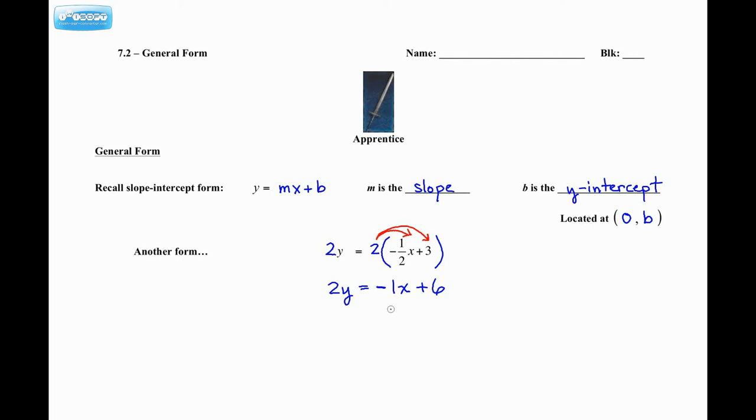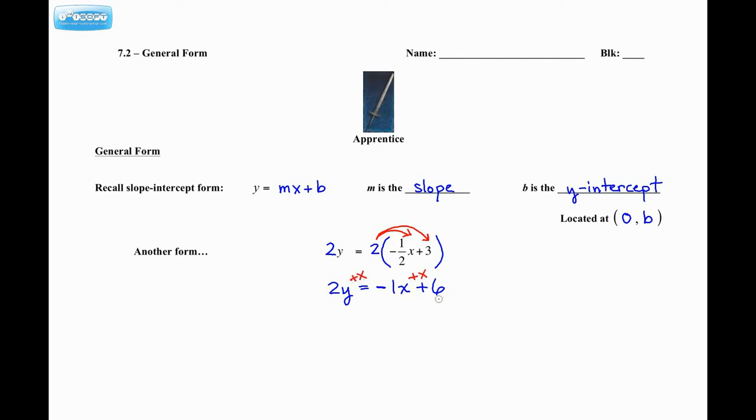To complete it, what we do is we take everything that we see and we collect all the terms on one side of the equation, typically the left, but it actually doesn't matter, so that there's actually nothing left on the remaining side. Okay, so we have 2y on the left already, so we're going to leave him there. Okay, we have negative 1x, or negative x, so I'm going to add x to both sides, like that, which means I have to add x here.